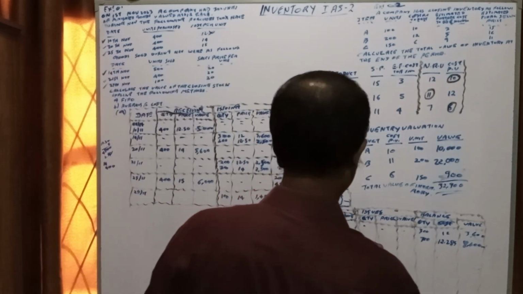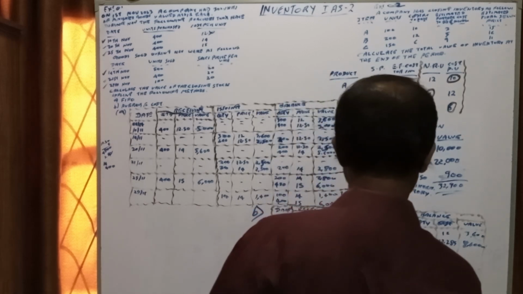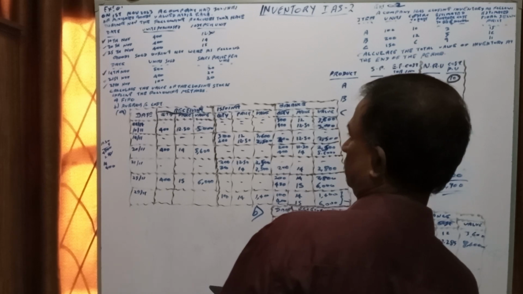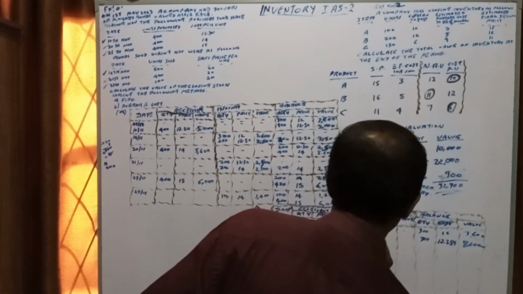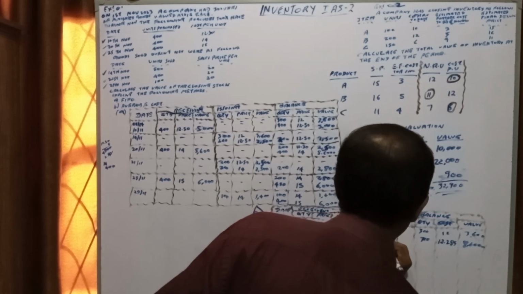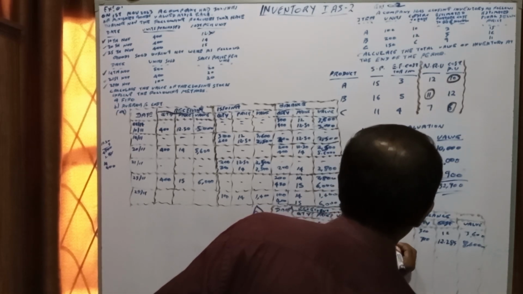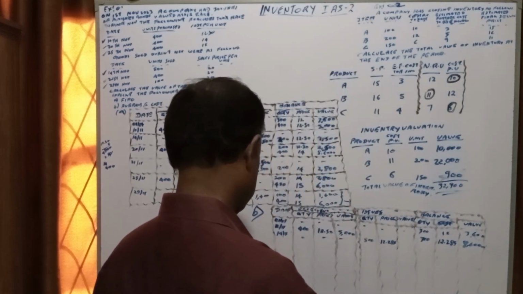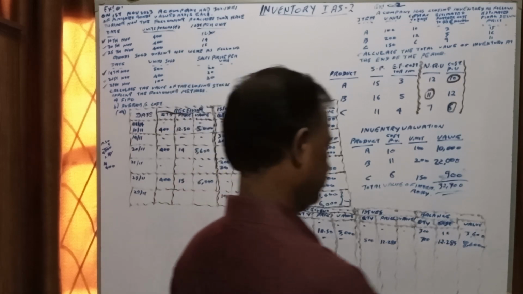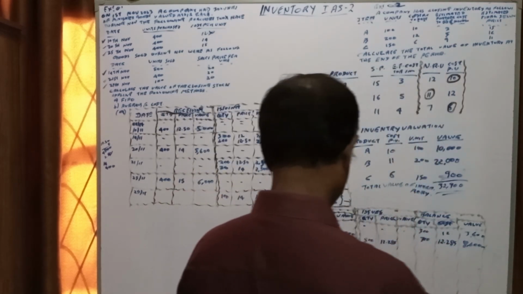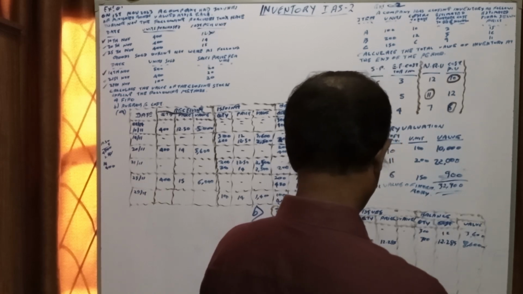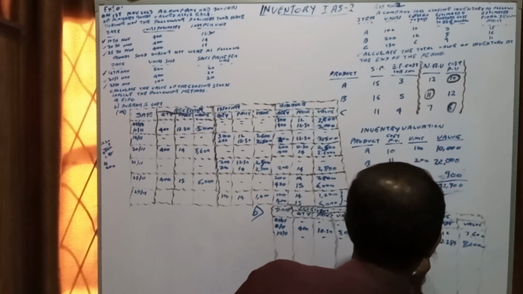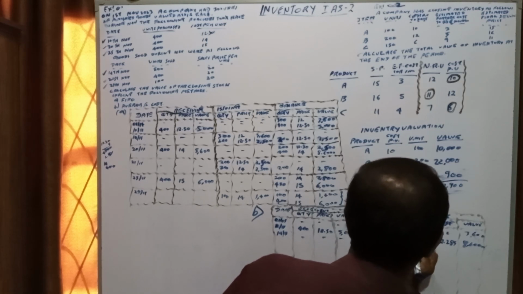Here is the sale of 500 units at the rate of 12.285. That means 12.285 into 500 units, 6,142 is the value.